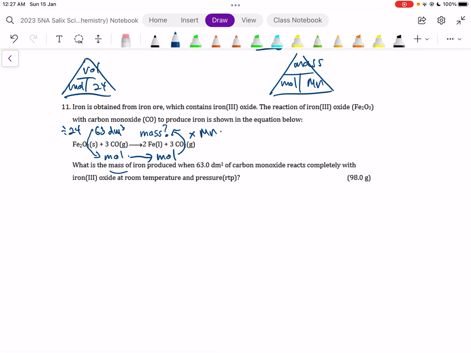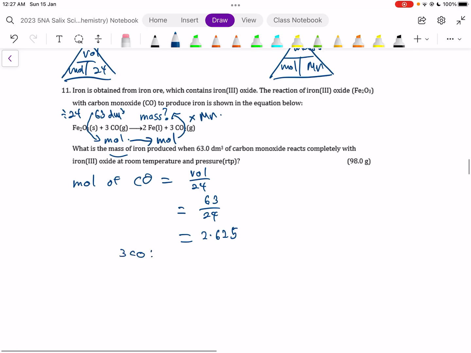Step number 1, I will be finding the number of mole of my carbon monoxide. I will write down a formula first, volume over 24. Volume is 63 divided by 24, which is 2.625. Next, 3CO is to 2Fe, so the number of mole of Fe will be 2.625 multiplied by 2/3.